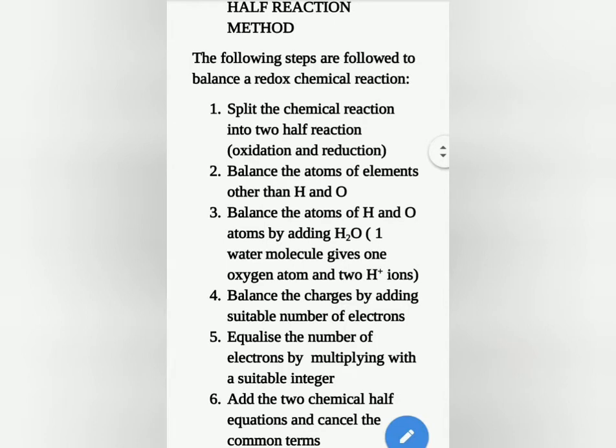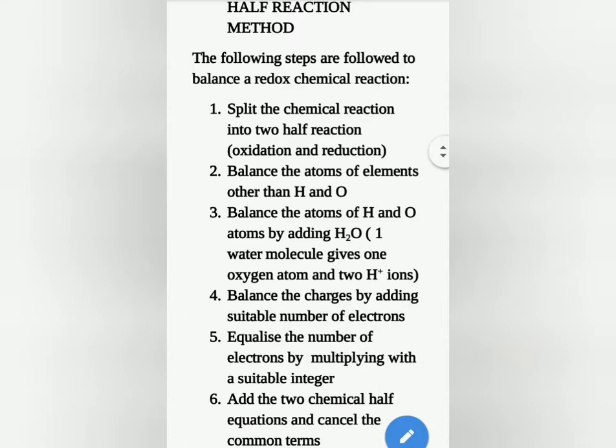Once again we are talking about the half reaction method, and the important steps are: first, split the chemical equation; second, balance the atoms other than hydrogen and oxygen; third, balance the hydrogen and oxygen atoms by adding a suitable number of water molecules. Up to these 3 steps, all steps are common even if the reaction is taking place in basic medium.